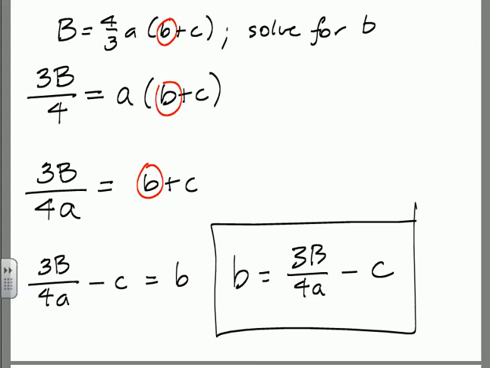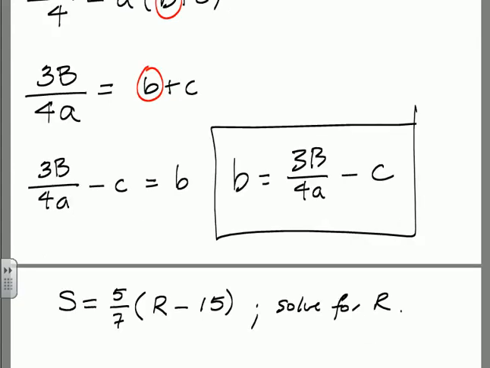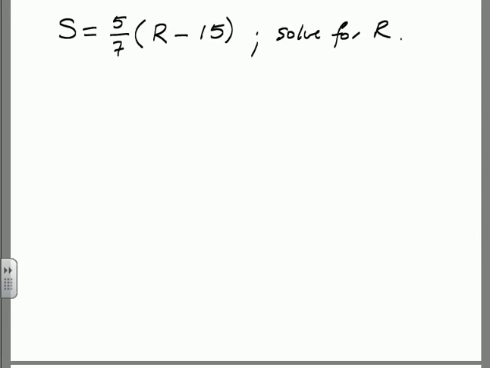Okay, last example. There it is. Okay, solve for r. I think you know how to do this. Got the r right here. It's inside the parentheses, so we've got to take care of what's outside the parentheses before we can even think of getting to that r. So let's get rid of that 5/7.